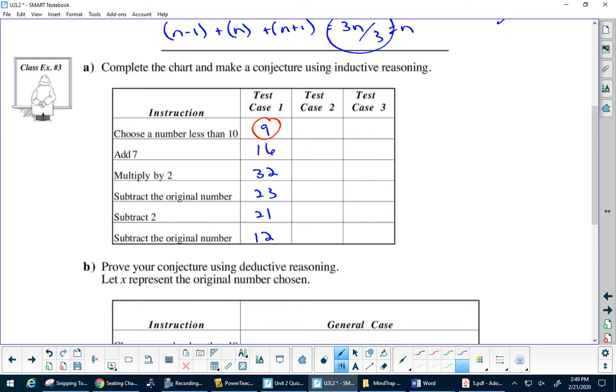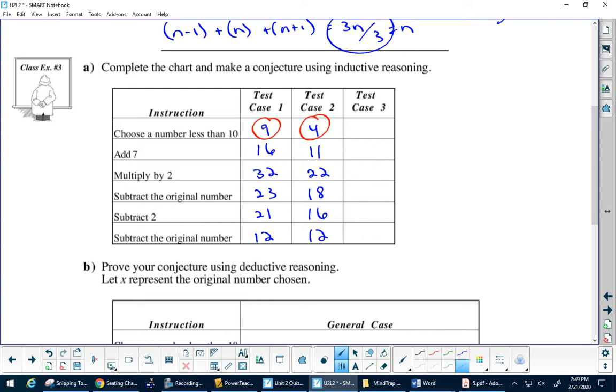Let's circle 4. Add 7. 11. Multiply by 2. 22. Subtract the original number. Subtract 2. Subtract the original number. Okay, let's try another one.